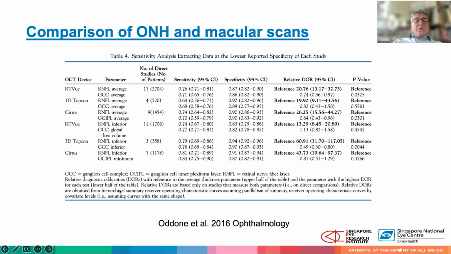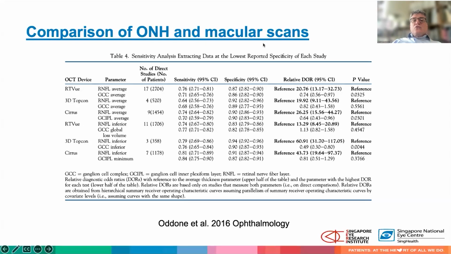I'm often asked the question, what is better, the optic nerve or the macular scans in detecting glaucoma? And there is no simple answer to this. Overall, in the majority of studies, the AUC is comparable. So it does not make a lot of difference if you use the optic nerve or the macular scans.